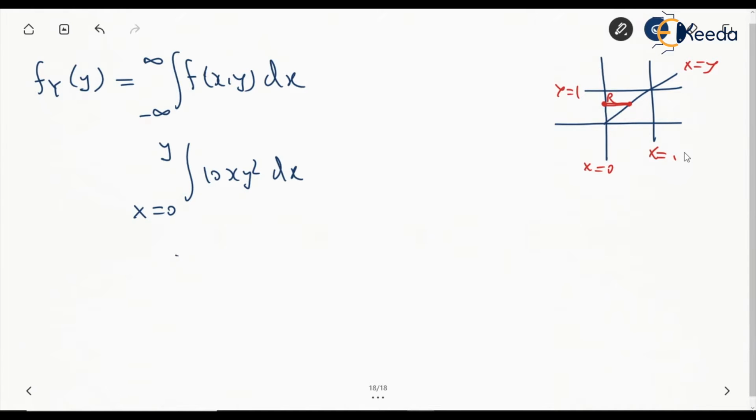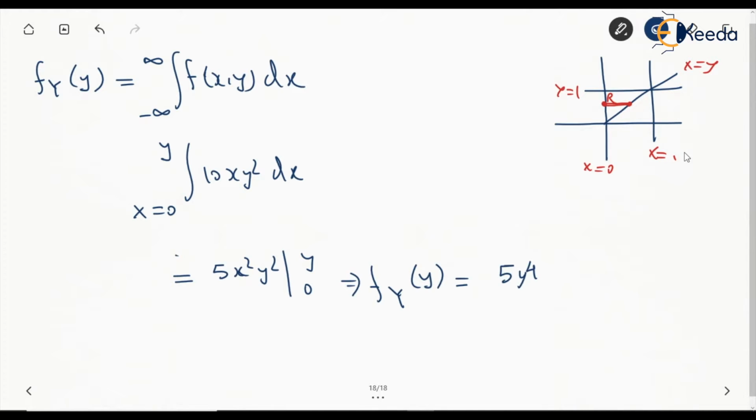This will be 5x square y square. The limits are 0 to y. So the marginal probability of y, integrating this, while you put y, this will become y to the power 5 into y to the power of 4... so this is 5y to the power of 4.